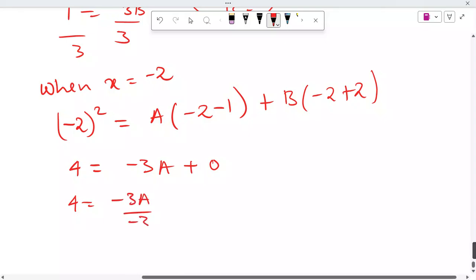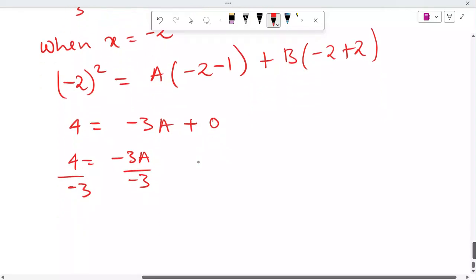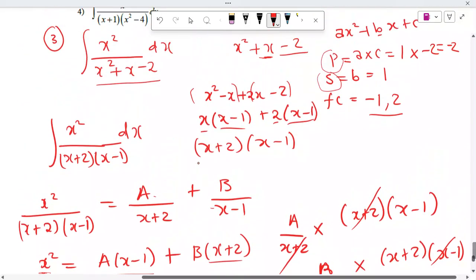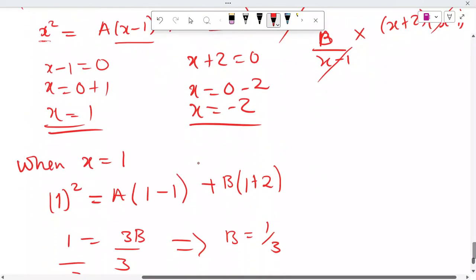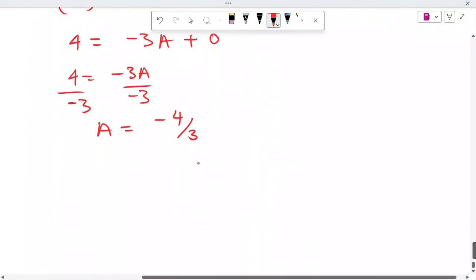If you divide by negative 3, divide by negative 3, you have a is equal to negative 4 over 3. So we are all doing this in order to make our integration simple.